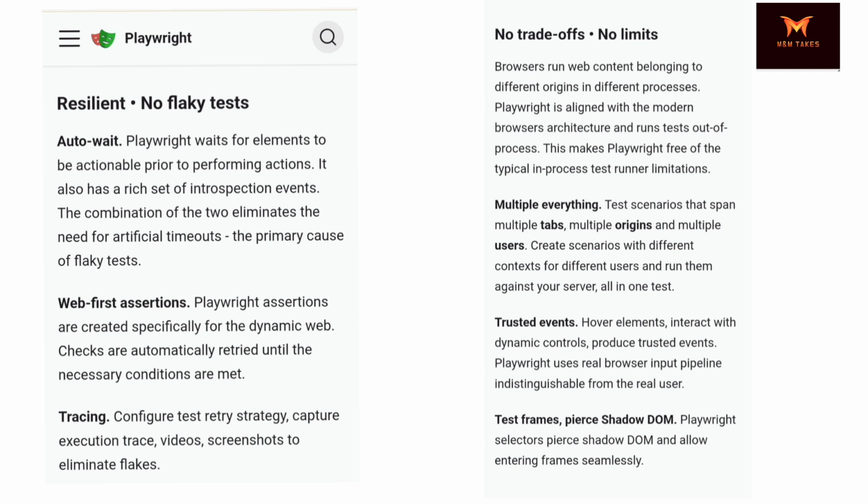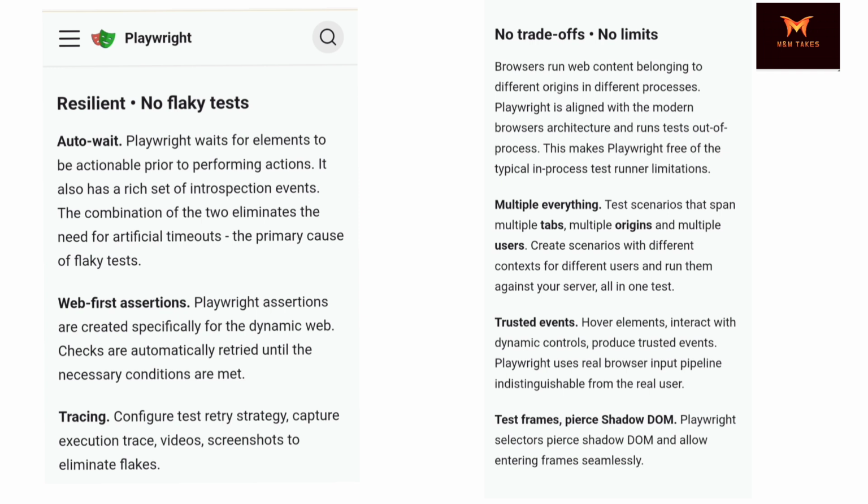Next is trusted events: user interactions that the browser treats as if a real person triggered them, like mouse movements, clicks, and keyboard inputs. When Playwright hovers over elements or interacts with dynamic controls, it doesn't just simulate the event by triggering JavaScript events artificially.